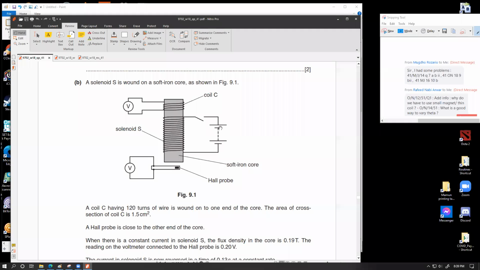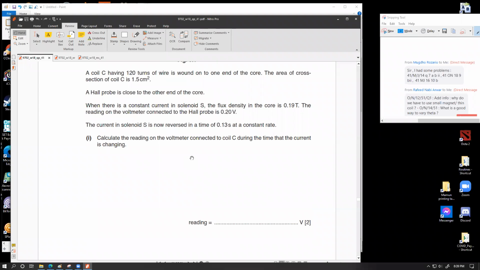We have a battery over here. So pretty much the same stuff. We have a Hall probe that will be affected by the DC coil switching on and off, and we also have a coil that will be affected by this one. So EMF would be induced over here, and Hall voltage would be induced over here. Hall voltage would be maintained for as long as the current exists. Pretty much the same question, I think.